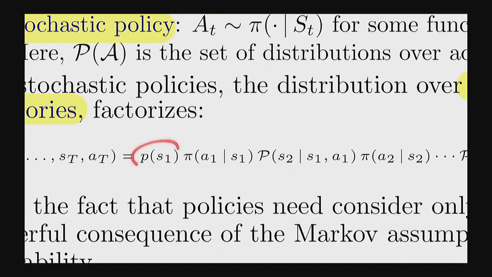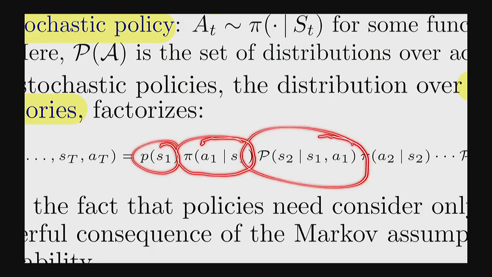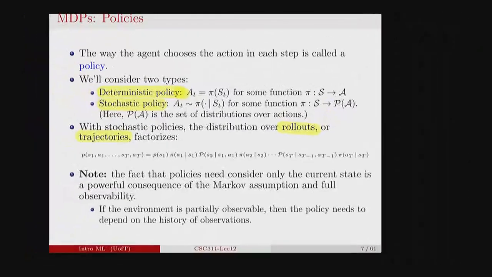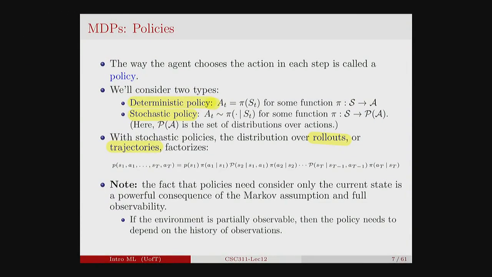This says that you start with some state S1 with some probability. Given S1, your agent takes action A1 with probability pi of A1 given S1. And then you move to a new state, S2, given the state S1 and action A1 that your agent took. And then you repeat this process T times. Just like we talked about Bayesian networks and naive Bayes, this is converting that loop that I showed you in the context of MDPs into factorized probability distributions.